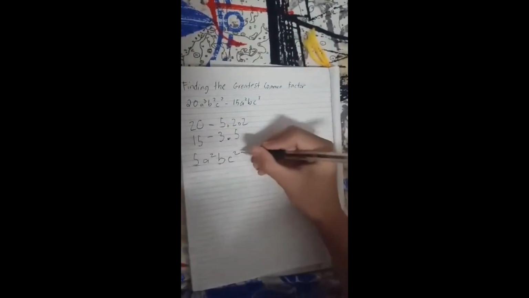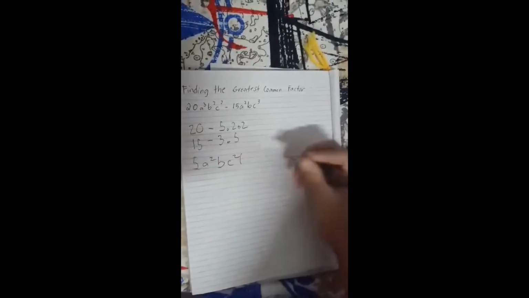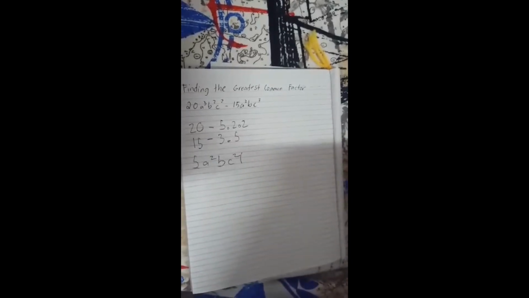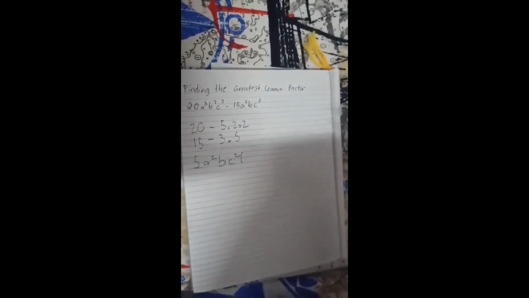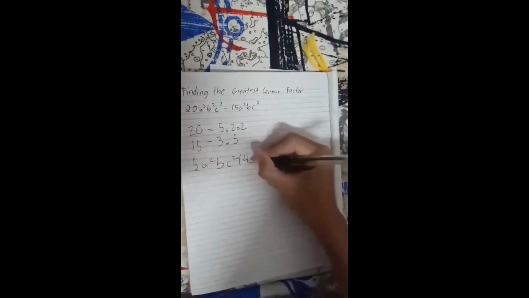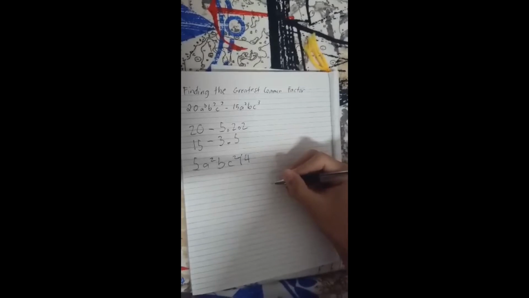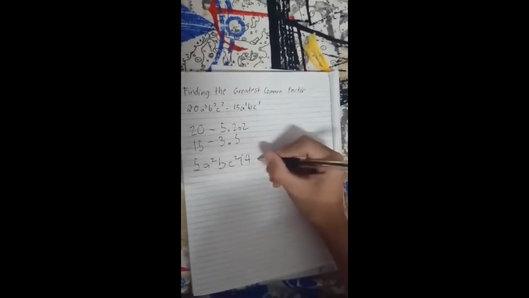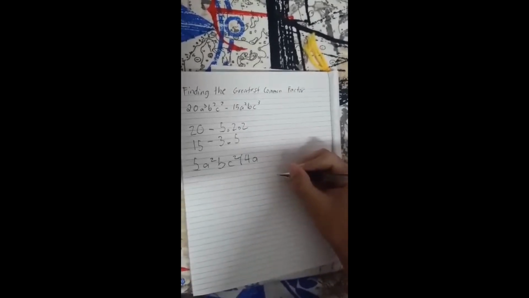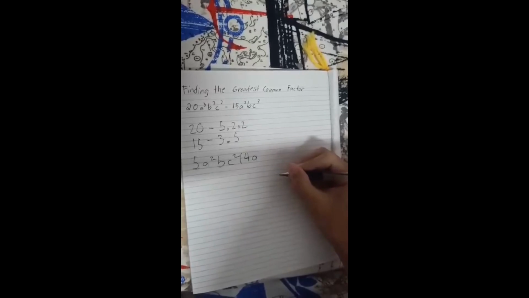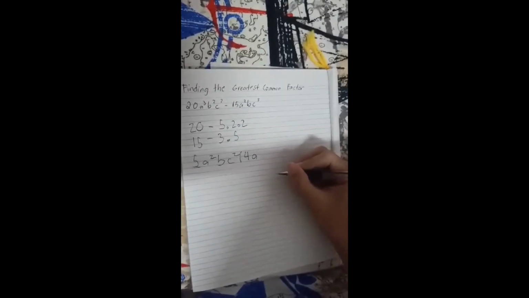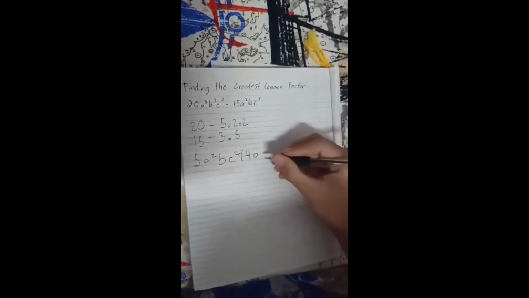And now, 20 divided by 5 equals 4. a cubed divided by a squared equals a. b squared divided by b equals b.